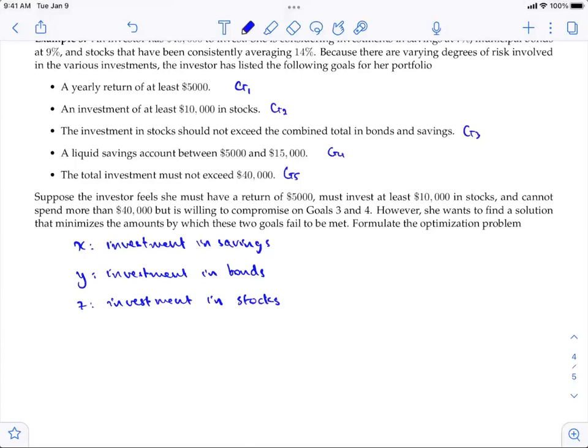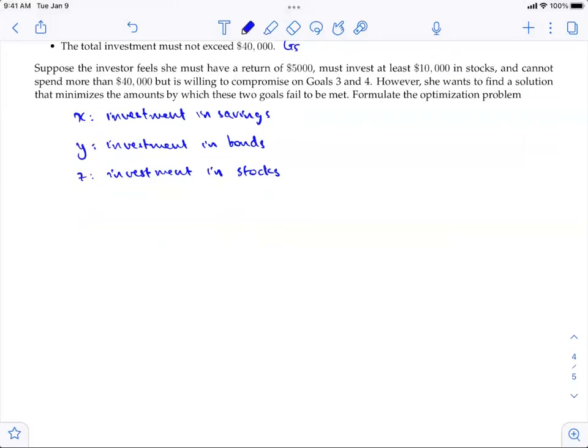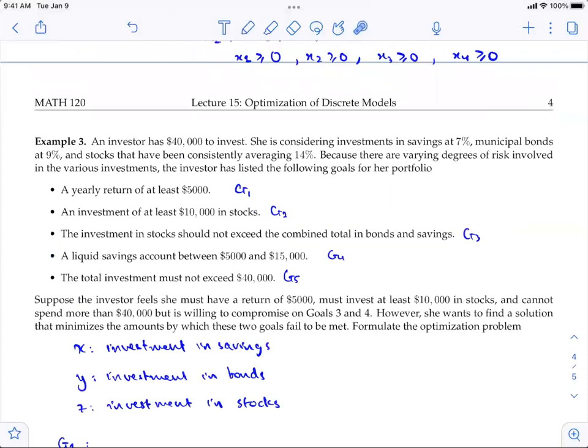All right, so we have 5 goals, right? So we're gonna list out these 5 goals in terms of mathematical inequalities. So goal 1, a yearly return of at least $5,000.